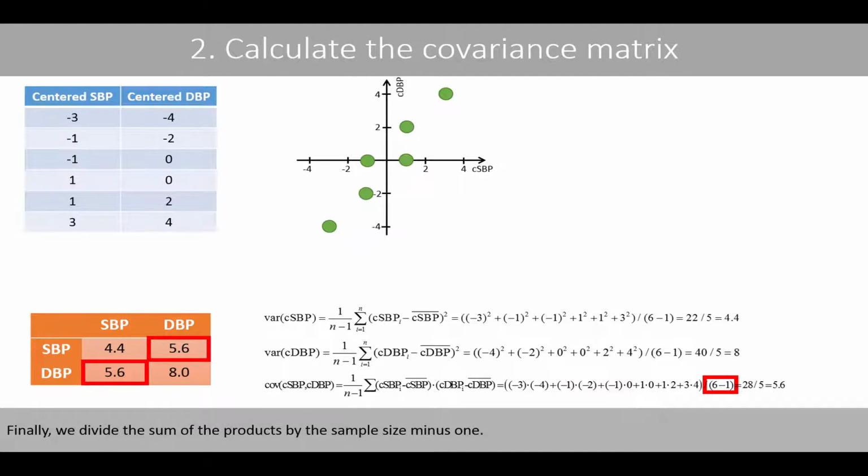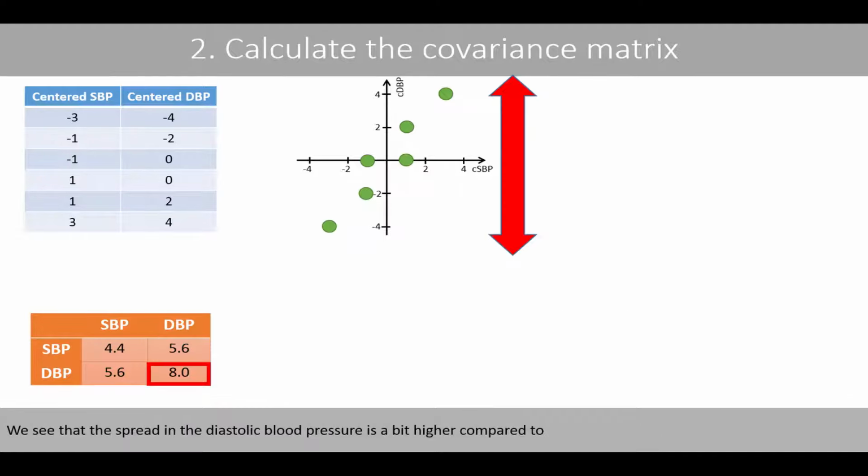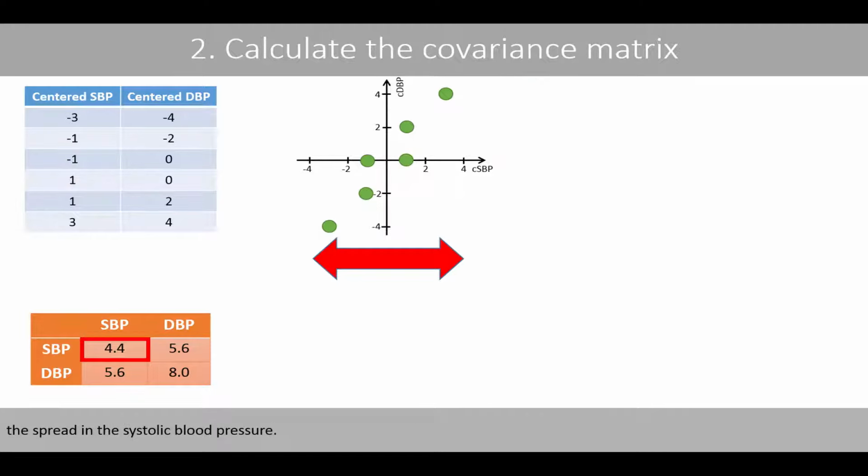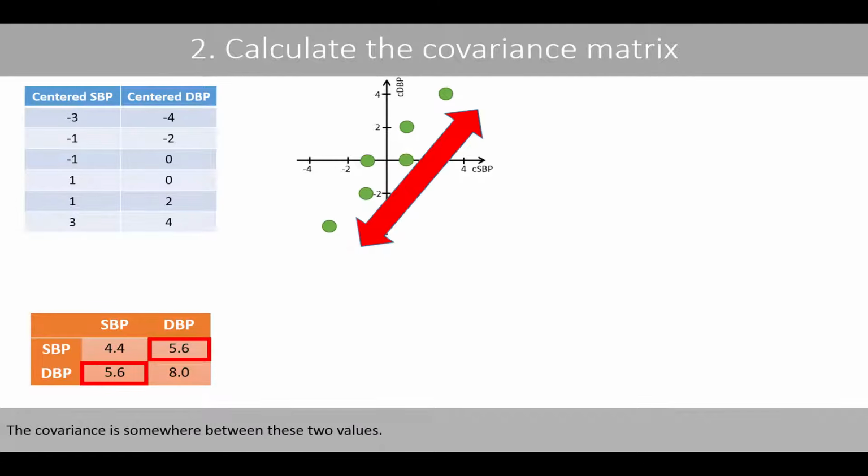Finally, we divide the sum of the products by the sample size minus 1. We see that the spread in the diastolic blood pressure is a bit higher compared to the spread in the systolic blood pressure. The covariance is somewhere between these two values.